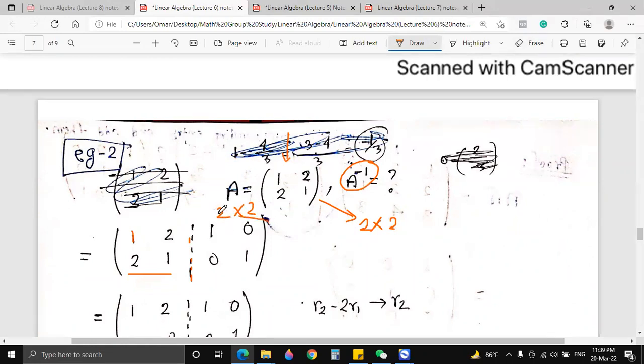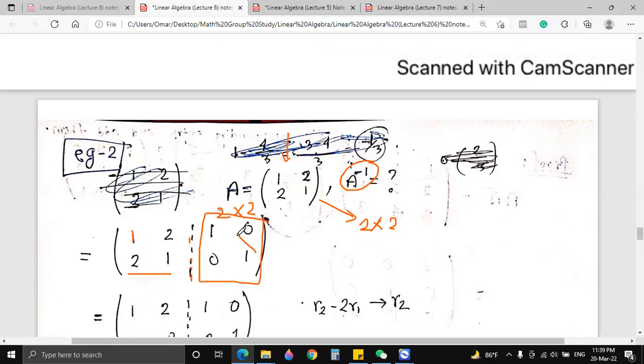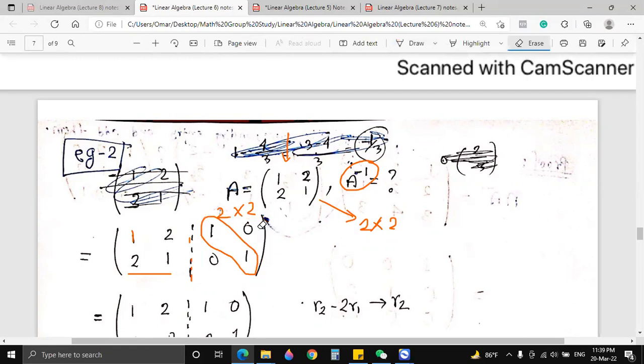So you see here, I have written here. Identity matrix means the entries of the main diagonal will be 1, and all the other entries will be 0. Okay.